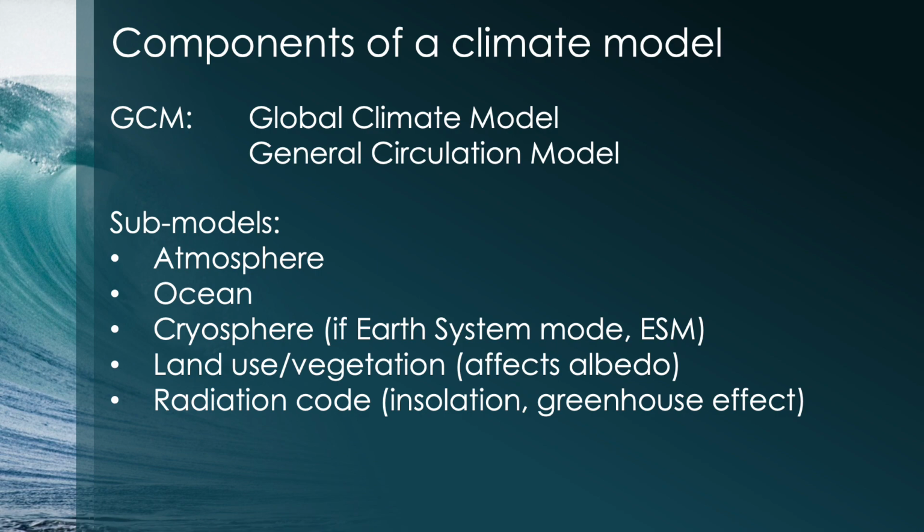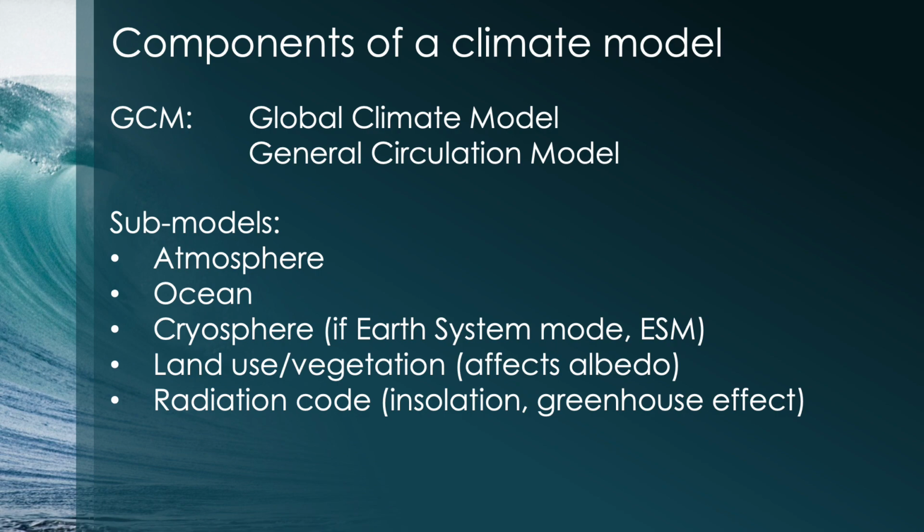IPCC is the Intergovernmental Panel on Climate Change. They put out a report every few years talking about the state of global climate. And the IPCC reports use the state-of-the-art, top of the line, most sophisticated models with all the bells and whistles and all the best physics we can come up with. These models take weeks and weeks to run on the computers to generate their predictions. And then we analyze that data and summarize it into these reports.